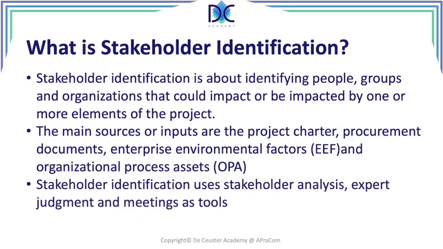Now, we use stakeholder analysis. We're going to evaluate the stakeholders, the way they think, who they are, what their preferences are, and we have to use here people who have expert judgment, expert knowledge in doing that. And of course, we also will have meetings. We will meet people. We will identify who those people are who play an important role in our project.